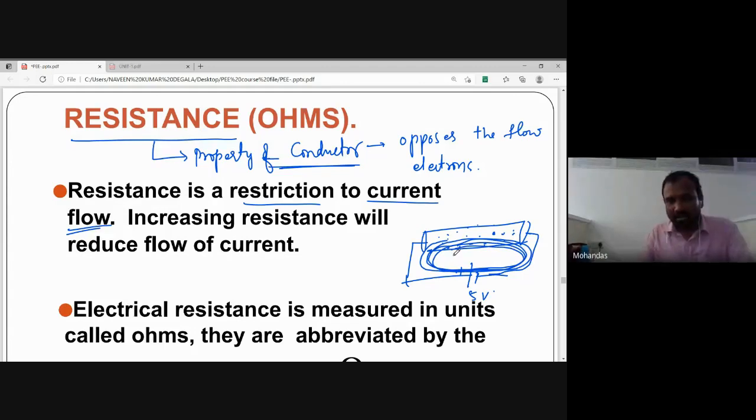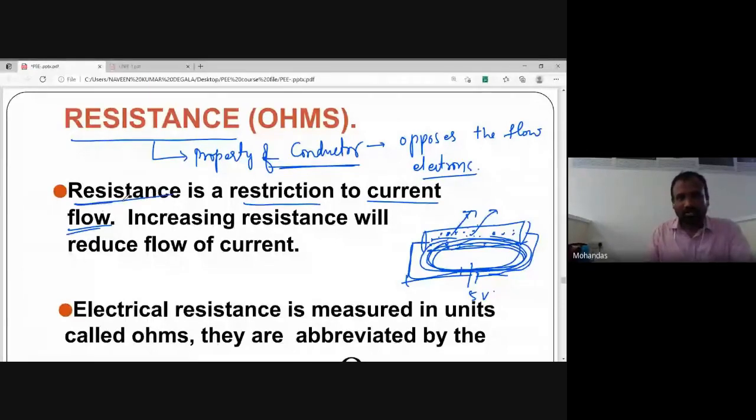While these electrons are traveling in a loop inside this conductor, some opposition takes place due to that property of a material. That property which opposes the flow of electrons or charges is known as resistance.